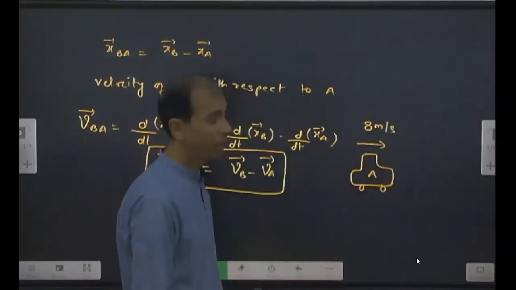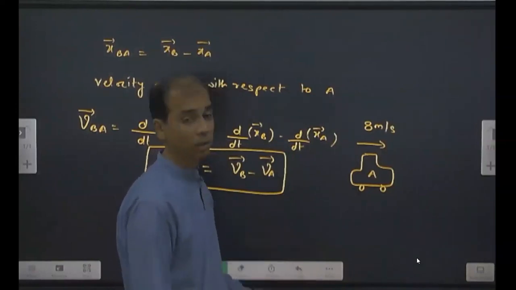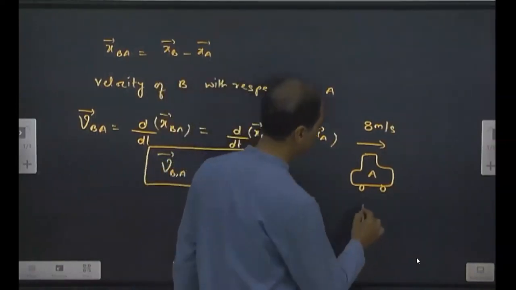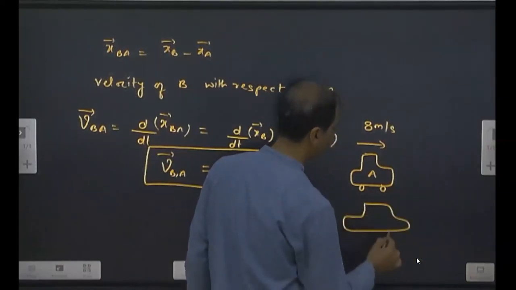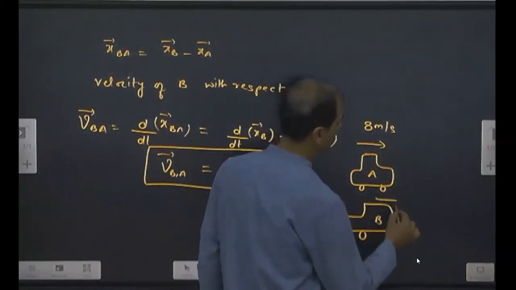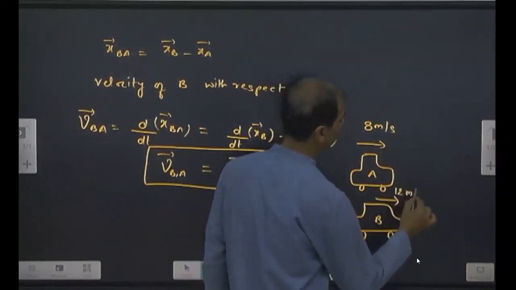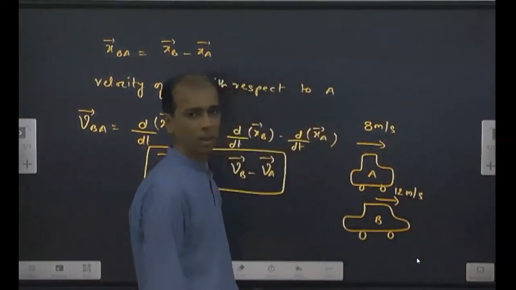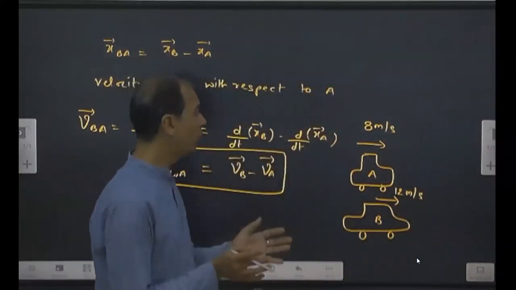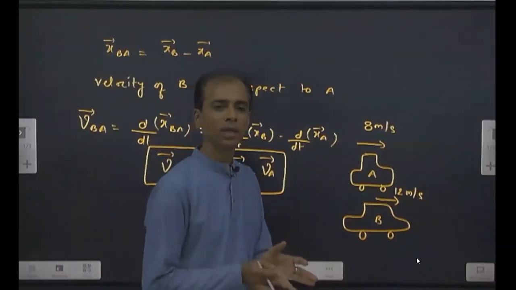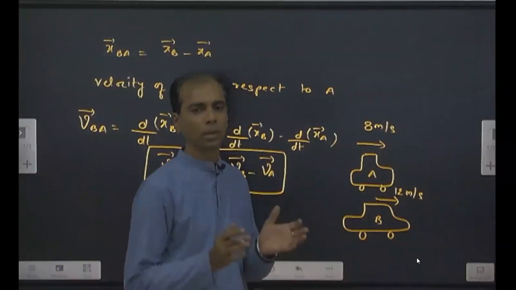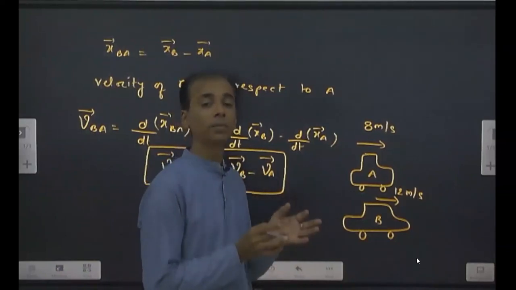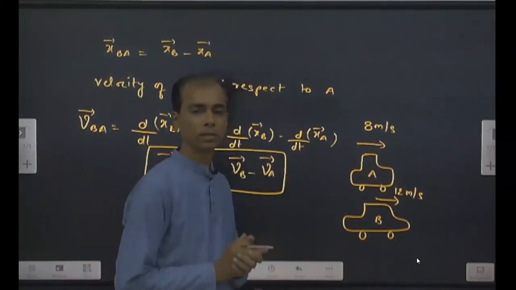Another car is there, which is overtaking you, maybe B. There is a car B over here, which is overtaking you, and its speed is 12 meters per second. So I am asking you, how much faster is car B as compared to A? Tell me.